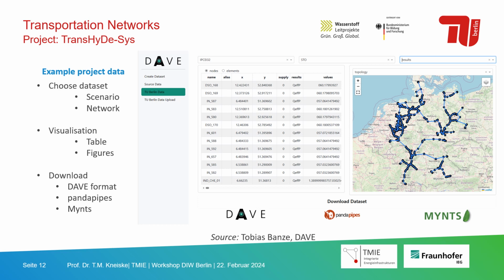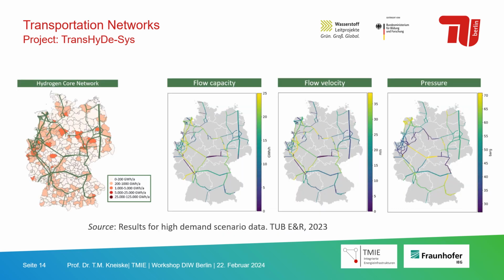After that, you can download the data in three different formats: the original DAVE format, the pandapipes format, and the MINS format. With this information, you can then search for the perfect topology for a given hydrogen demand and do a hydrodynamic calculation of the network, resulting in flow capacity, flow velocity, and pressure values.